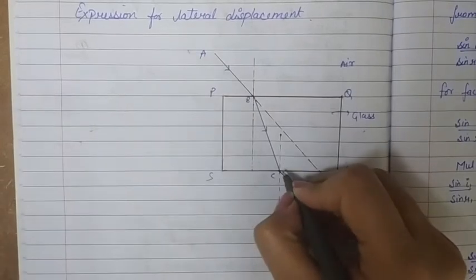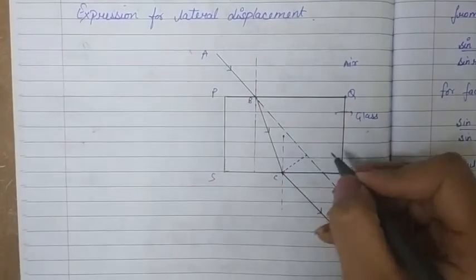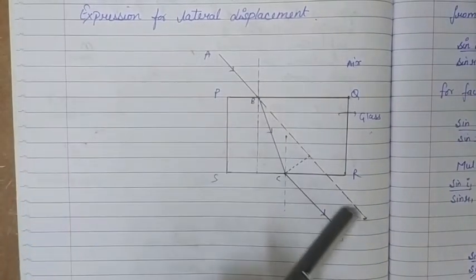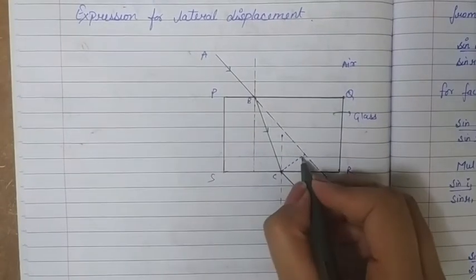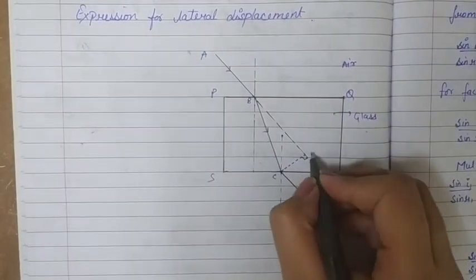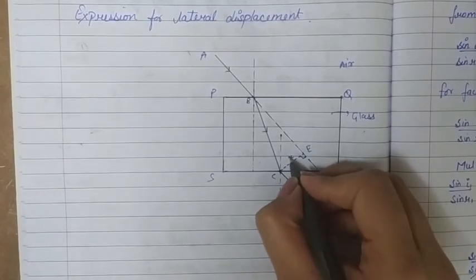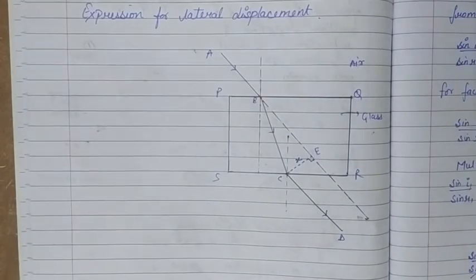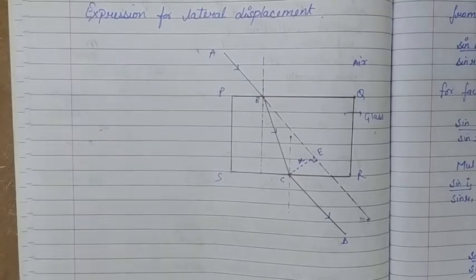So for this we draw a perpendicular on the incident line from point C. I am naming it CE and its length I am considering as x. This is the lateral displacement that I am trying to calculate from this diagram.